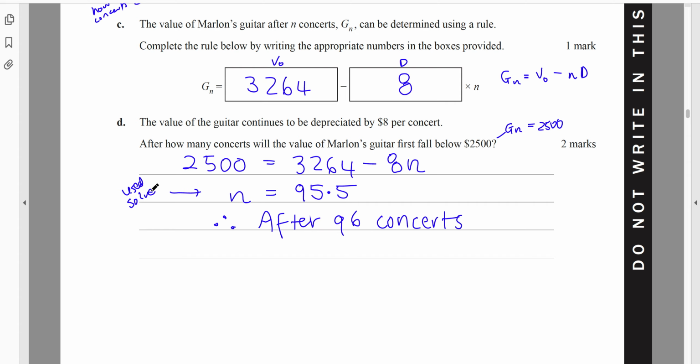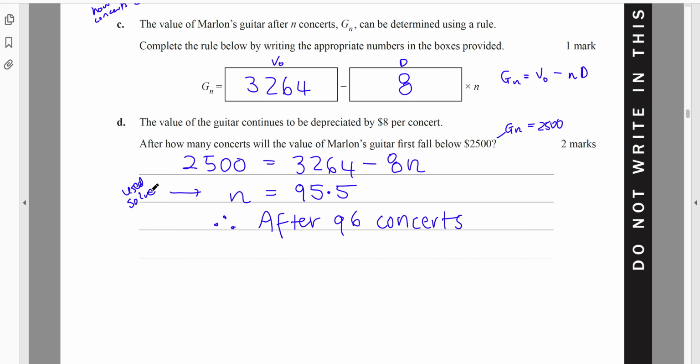So what that means is it's halfway through the 96th concert, in fact. He's done 95 concerts. It's halfway through the very next one that his guitar is going to get to 2,500. So it's not till after the completion of that concert that it's dropped below 2,500.